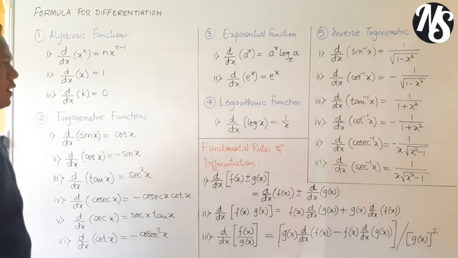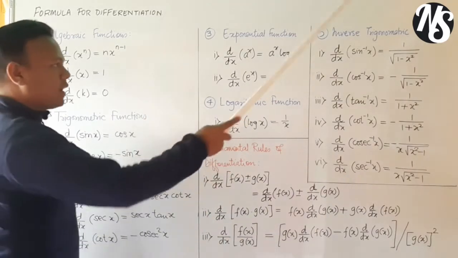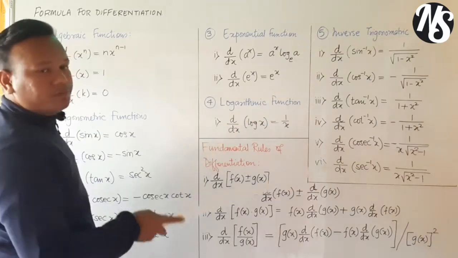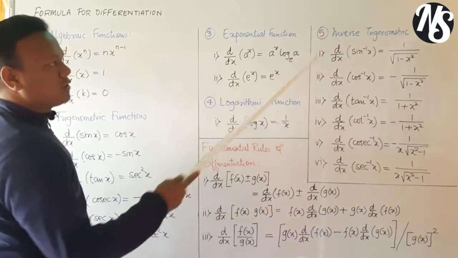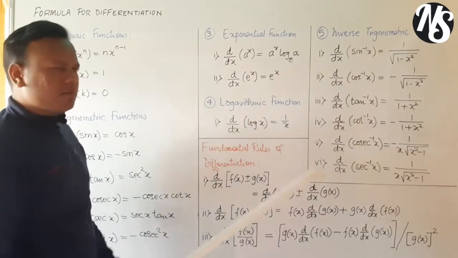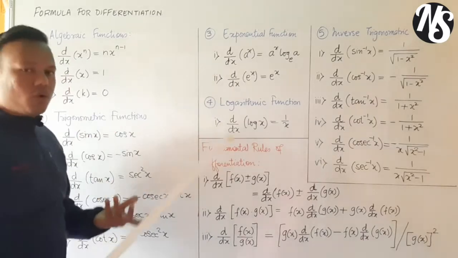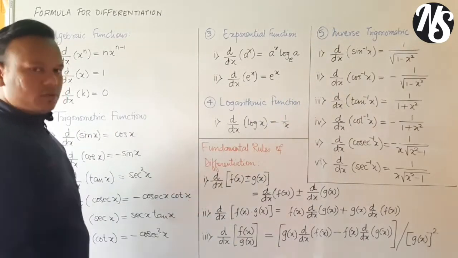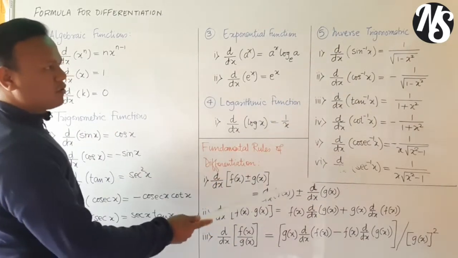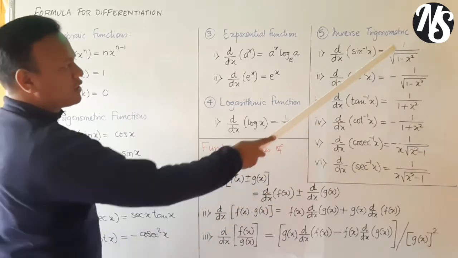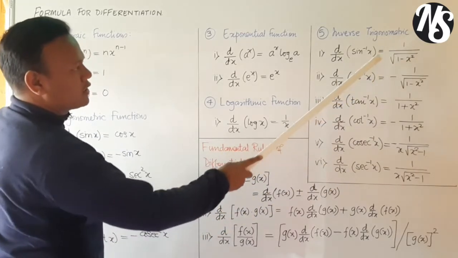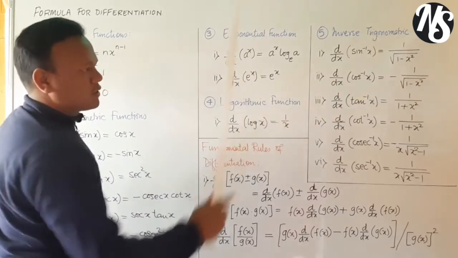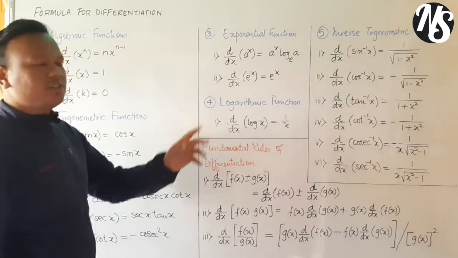Now actually this part is there in your class 12. They don't mention this in class 11, but since we are writing down the formulas, let's learn this also. The formulas here are also similar. For sine inverse x it is this much, for cos inverse x it's going to be the negative of this. It's very easy to remember.